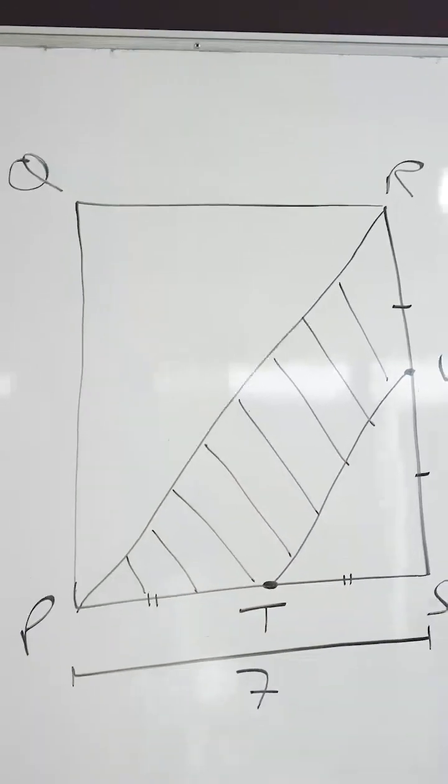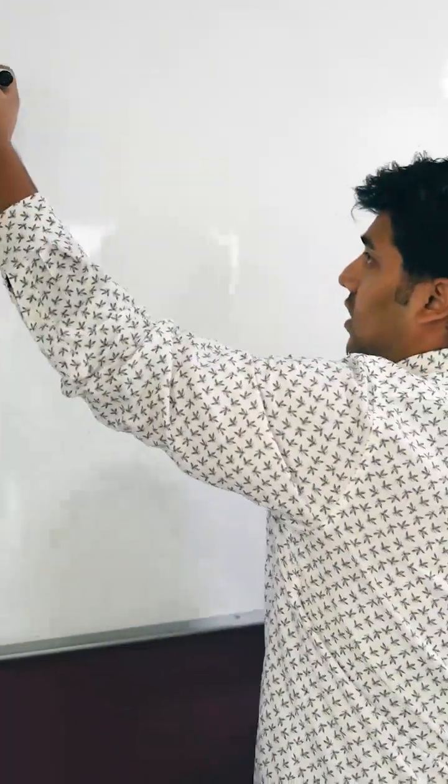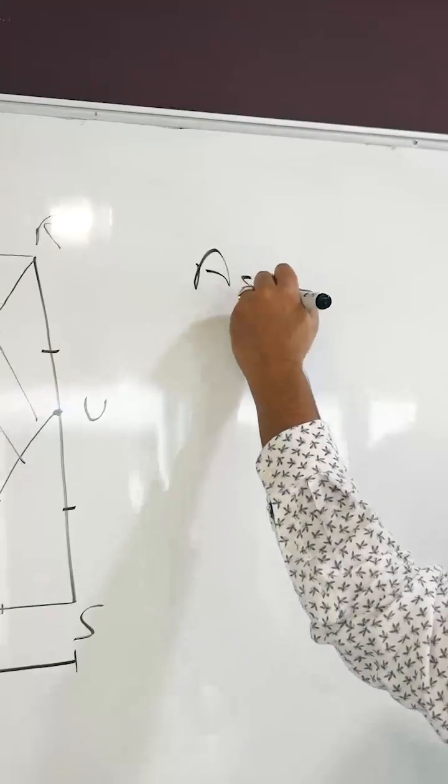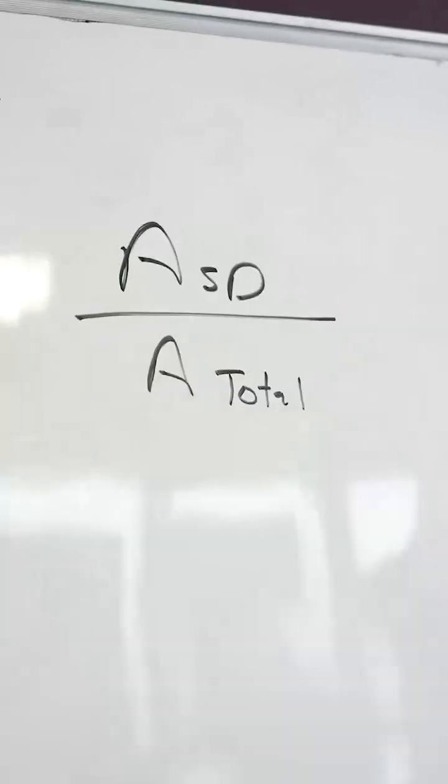As you can see guys, this is a very basic geometry question where I need to figure out the area of this shaded portion, and the question is area of this shaded portion over area of this total portion. So that's my final question. Now, how do we handle a question like this?